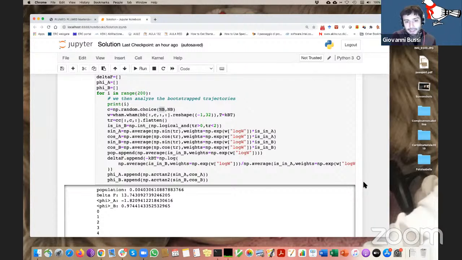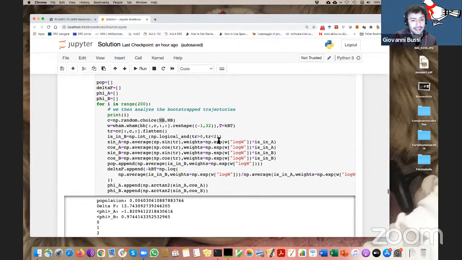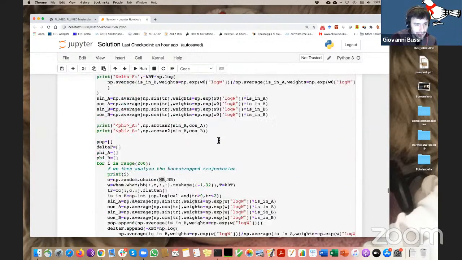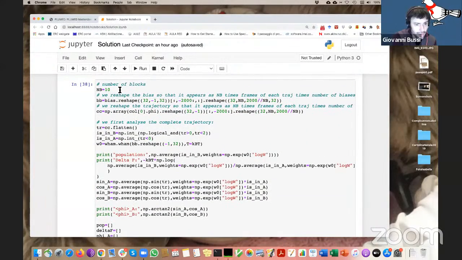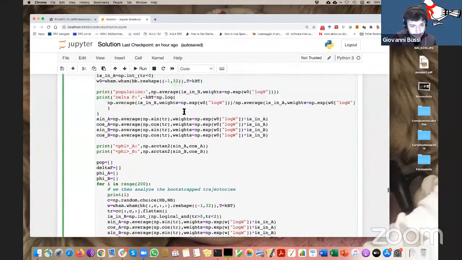This might work in some cases, but my experience is that it's very risky, because it's really easy to underestimate the autocorrelation time of any quantity. The procedure that I find the most robust is to take your trajectory and split it in blocks. In this case, I did the analysis with 10 blocks, but you can try with a different number of blocks.